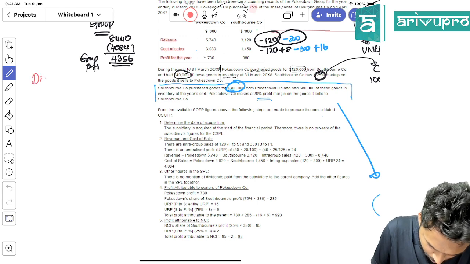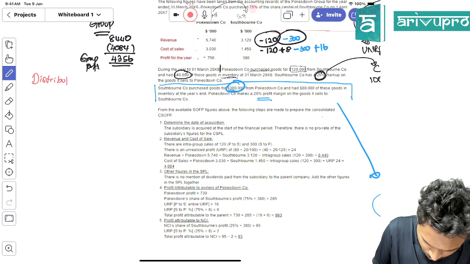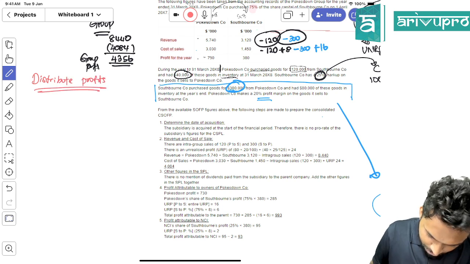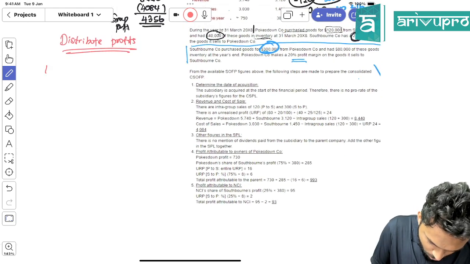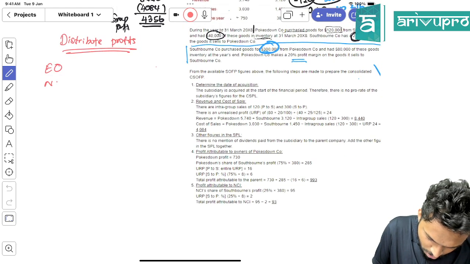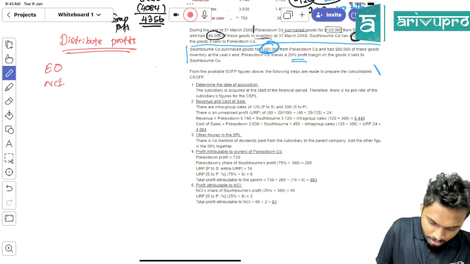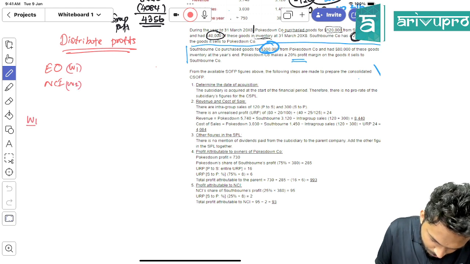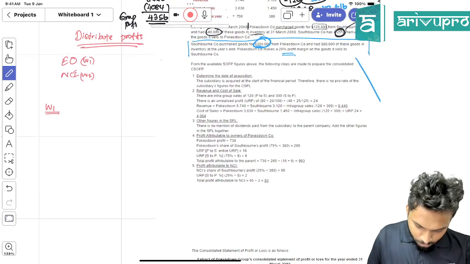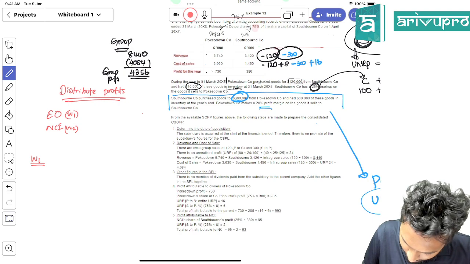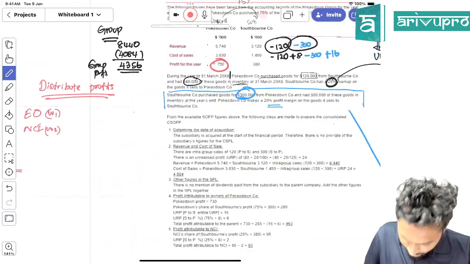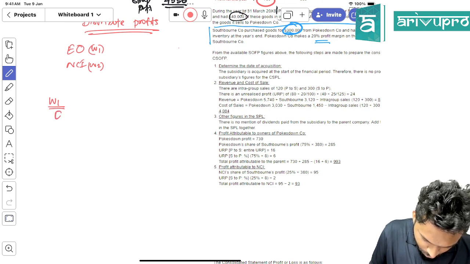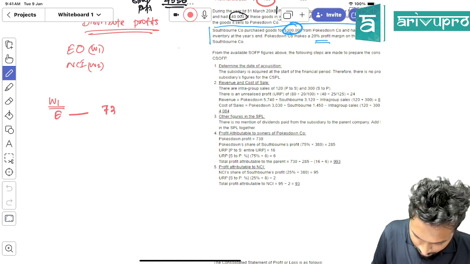So when you are going to distribute your profits, let's see, for equity owners and non-controlling interest, how much they are sharing. So I'll do a working 1 for him, a working 2 for him. Under working 1, equity holders will technically get this 790. Is it 790? 730, no? So equity holders' share is 730.